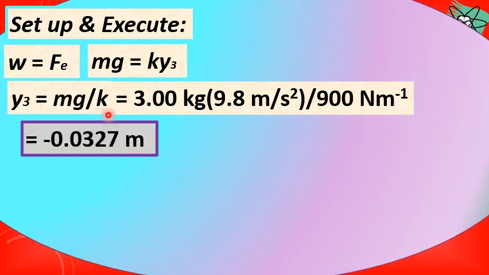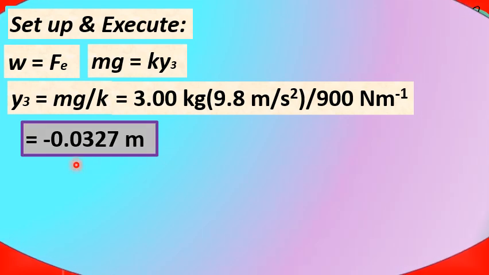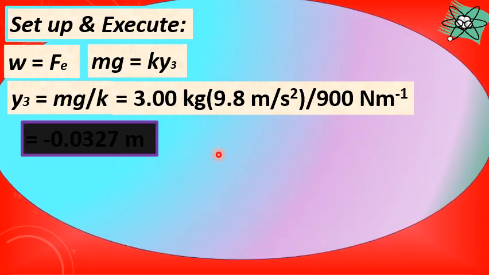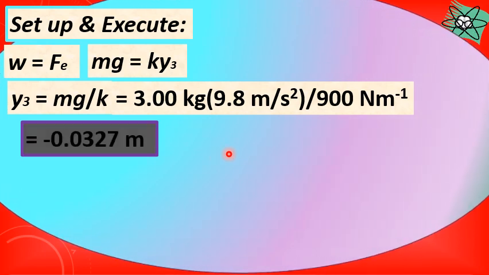Earlier, we were given the value of y sub 2 being equal to negative 0.05 meters. That's below the initial position.